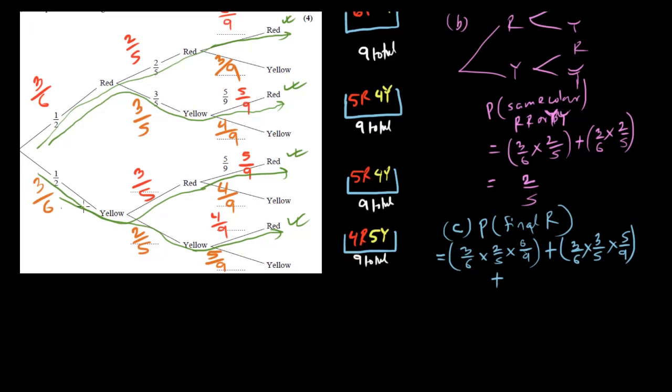So yellow is 3 by 6. Red is 3 by 5. And then finally red is 5 by 9. And we have one more permutation. The final permutation over here is yellow, yellow, red. So 3 by 6 multiplied by 2 by 5 multiplied by 4 by 9. So yellow, yellow, red. And well, is this 5 by 9? I have a hunch that this is probably going to be 5 by 9.